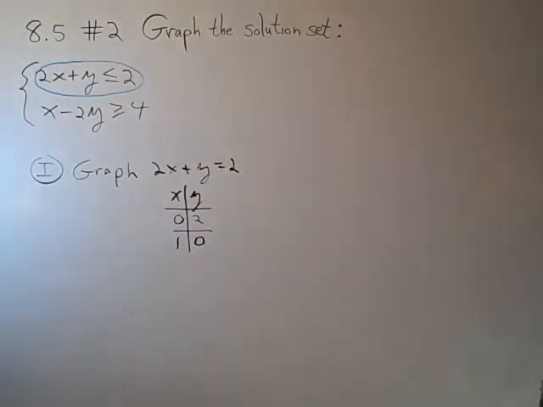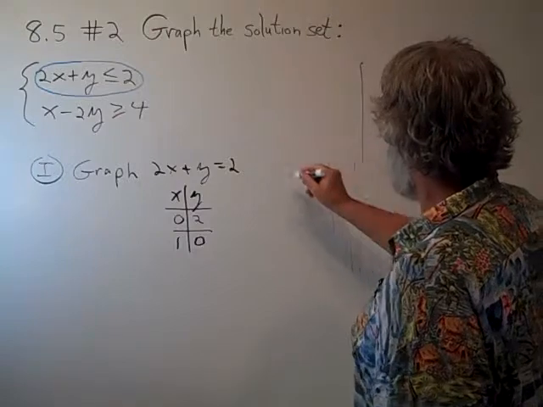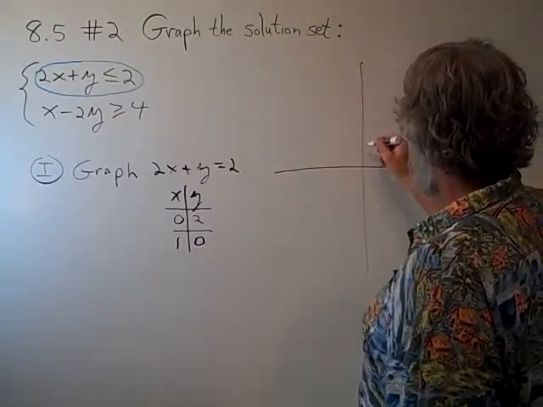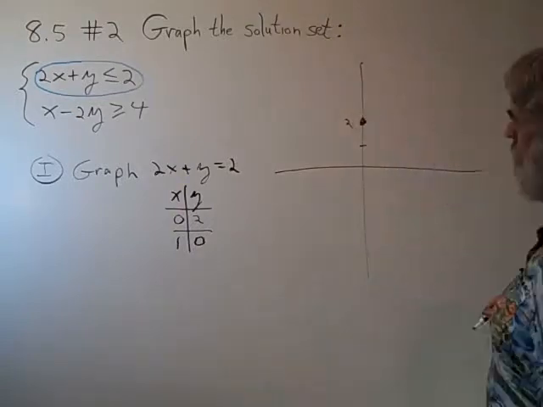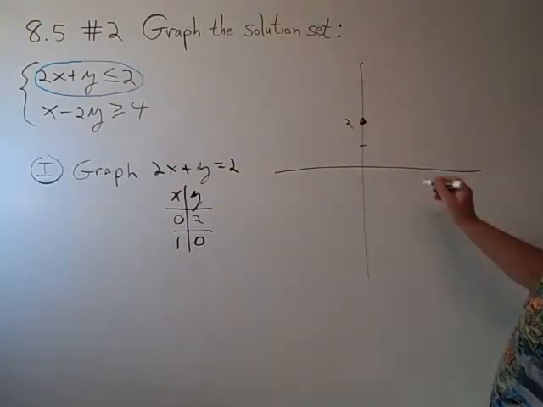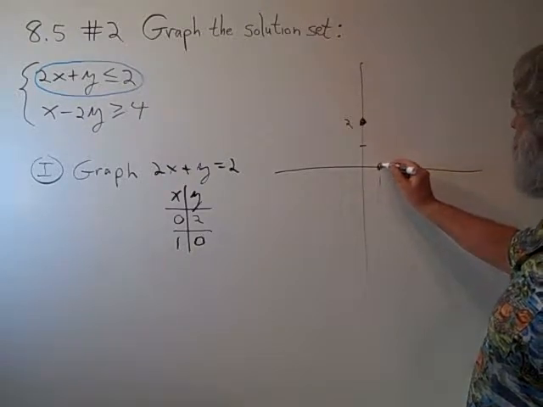Those are 2 points on the line, so we can certainly graph that line. There's the y-intercept, 0, 2, and the x-intercept is at 1, 0.